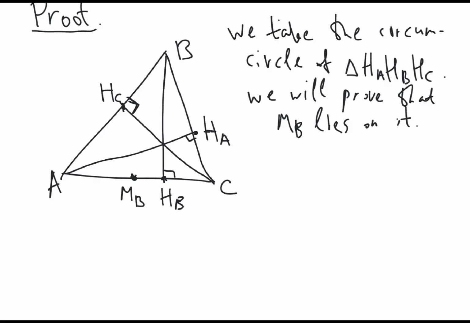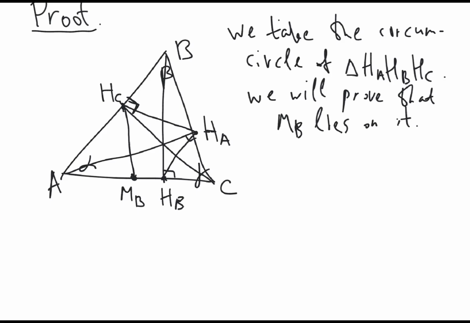So when we draw this line and this line, now let's denote the angles of the original triangle alpha, beta, and gamma. And now we calculate the angles.